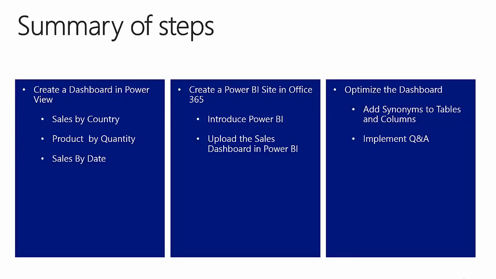Then in step 2, we created a Power BI site in Office 365, where I introduced the Power BI in Office 365, and we uploaded the sales dashboard in a Power BI site. Then in step 3, we optimized our sales dashboard by adding it into Power BI and by implementing or optimizing for Q&A, and we had the possibility to ask questions and get back answers in our own language.